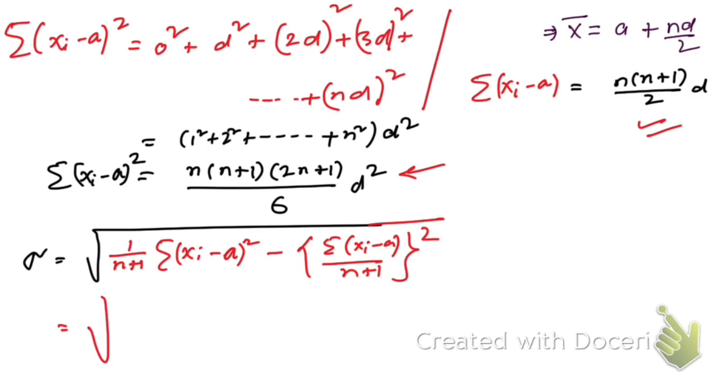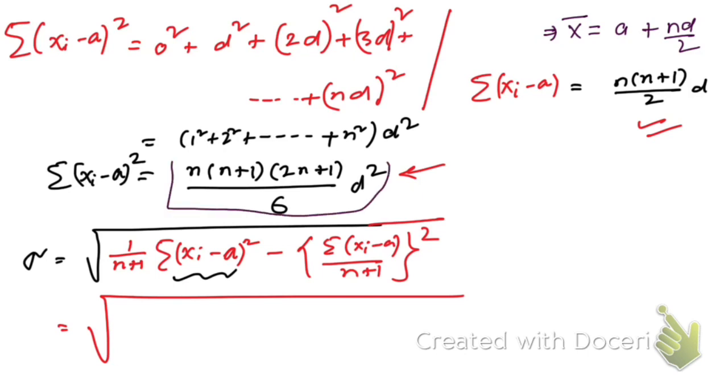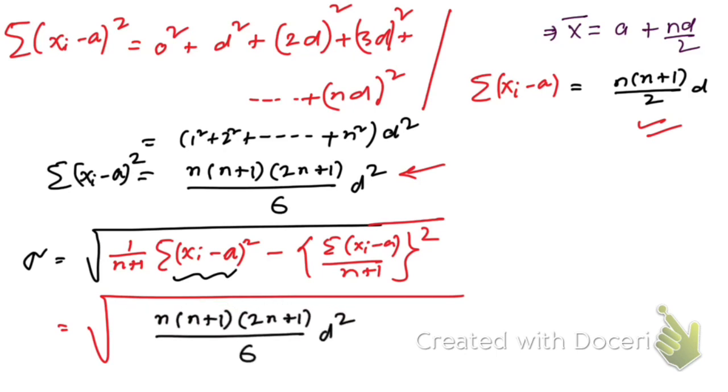So now root over, now you see, let us replace this one by this result. Now let me copy this. So that's what we have got here. We have 1 by n plus 1, right? Then minus root over, and let us replace this by this result.